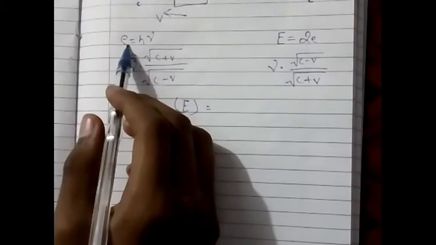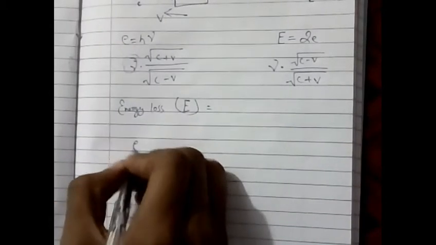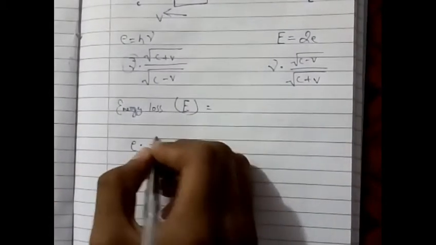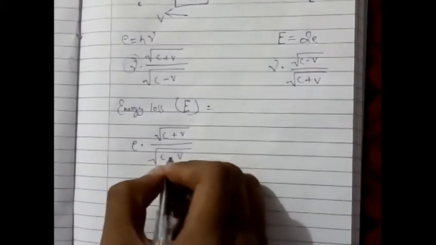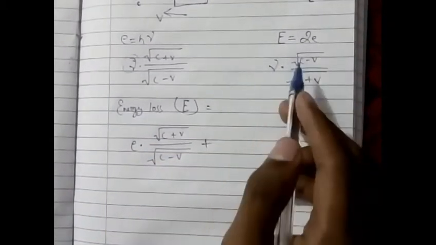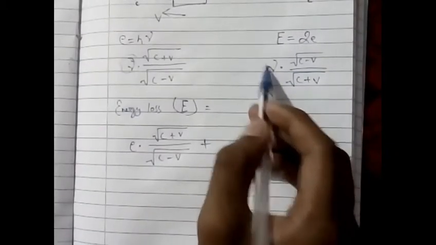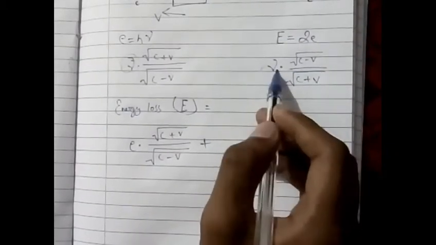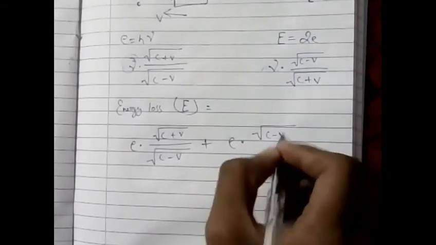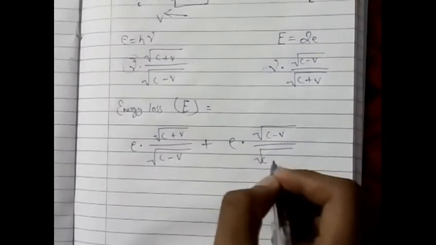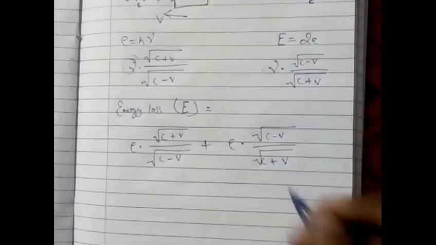If you multiply this frequency by the Planck constant, we will simply have the energy of the photon. So E times under root C plus V over under root C minus V, and add it with this one. We have to place the Planck constant here, and this will be the energy of a photon. So E times under root C minus V over under root C plus V.